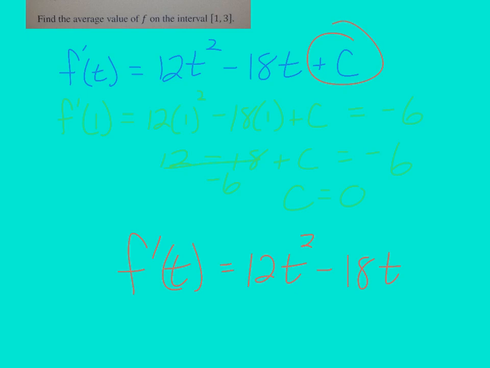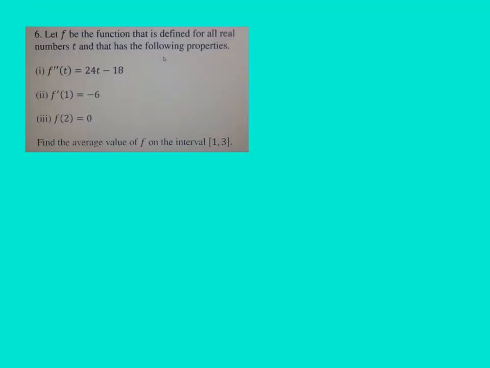All right, let's keep going, because I need to find f before I can find the average. I'm just going to recopy this now. I know that f prime of t is 12t squared minus 18t. Well, if I take the antiderivative of both sides, I can get to f.